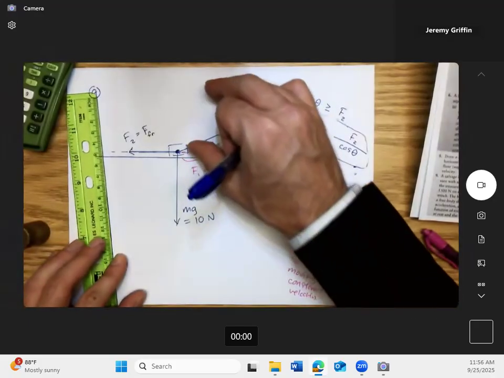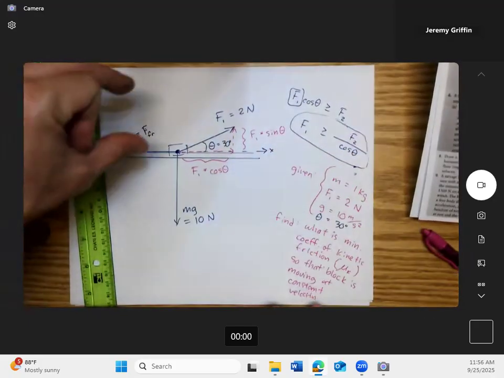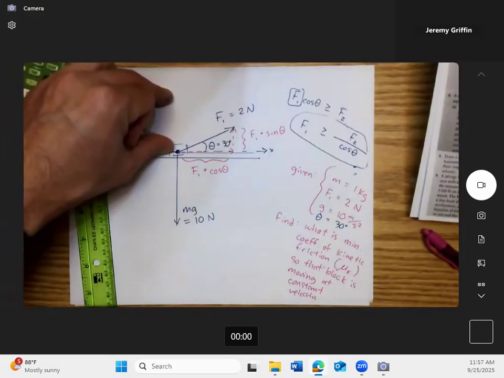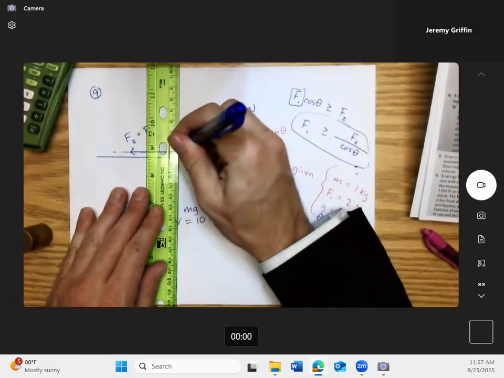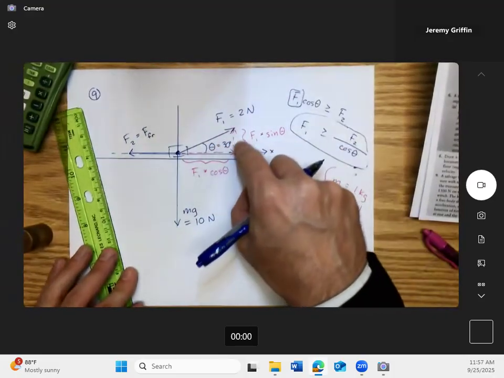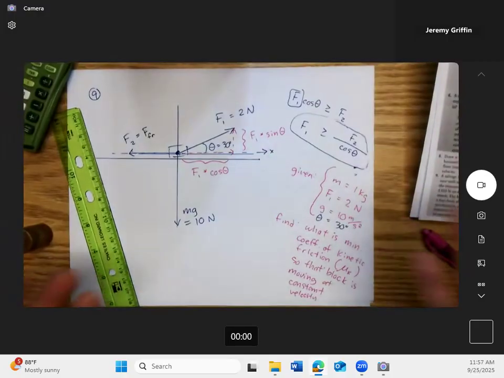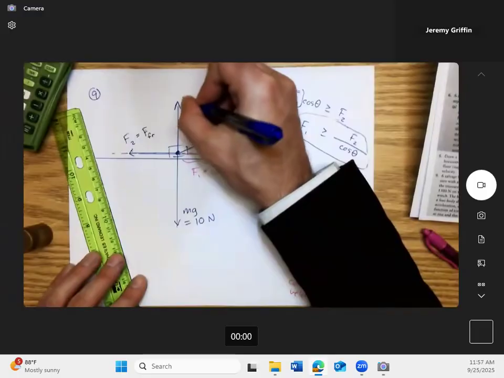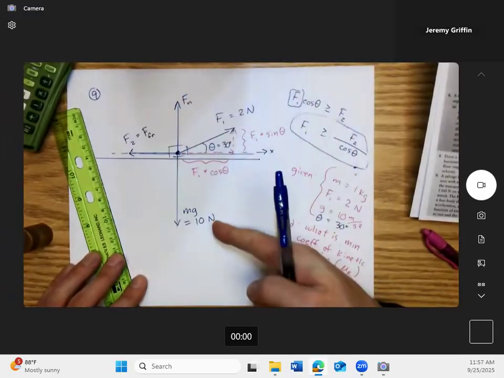Would the normal force be equal to 10 newtons? Who thinks it's less than 10 newtons? How do you know it's less than 10 newtons? Well, you've got to pull up a little bit. Yeah, because this applied force right here, you're already pulling up a little bit. It's sort of like you're alleviating some of the weight from the table. So I'm going to draw this normal force as less than the weight.